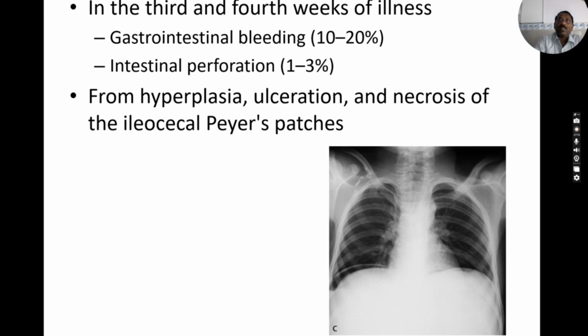What about the trachea? Is it in the midline or deviated to the one side or pushed to the other side? Then what about the clavicles? They are placed equally, or any fractures or any secondaries?